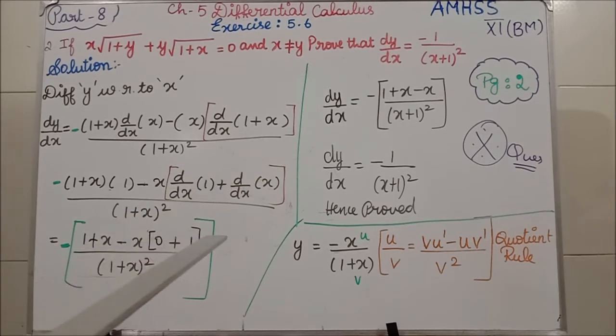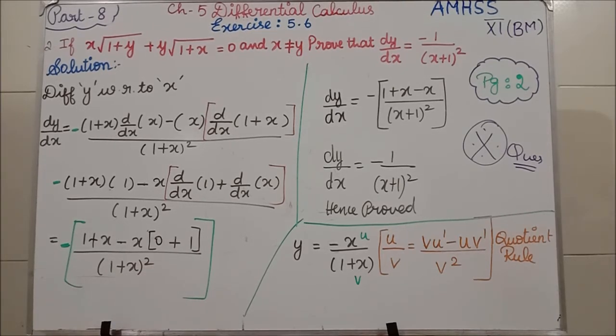You can straightaway differentiate this. Clear students? So 1 plus x into 1 is 1 plus x, minus x into d by dx of 1, which is a constant. Constant if you differentiate we will get 0, plus d by dx of x. x if you differentiate what will we get? 1, divided by 1 plus x the whole square.